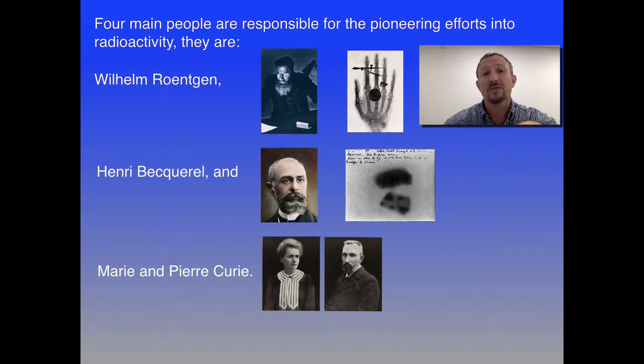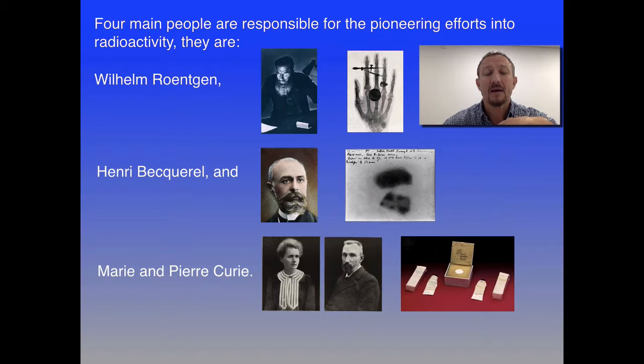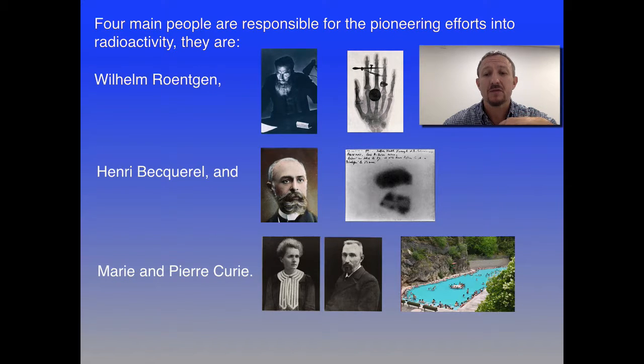She also went on to identify polonium. Radium in itself was then used in a lot of different substances, makeups, and also in spas. Here's an example of a radium-induced spa, which was all the rage at the time.